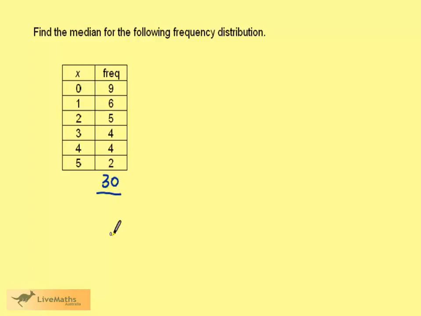So we have 30 pieces of data. 30 plus 1 divided by 2 is equal to 15.5. So we want to find the 15th and 16th pieces of data.